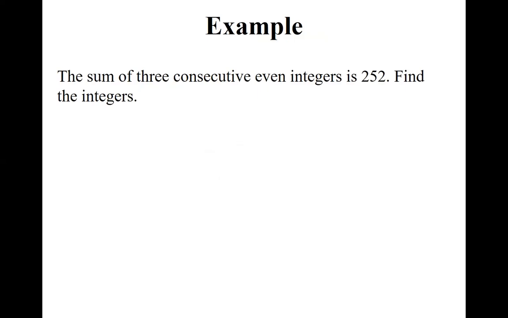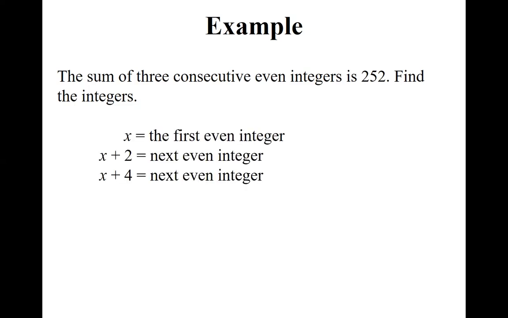We don't know what the first one is, though. But if we knew the first one, that means we could get the second one by adding 2. And we can get the third one by adding 2 to that, or adding 4 to the original one. So these are our unknowns. The unknown is, what's the first even integer?